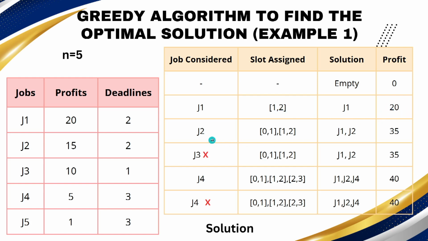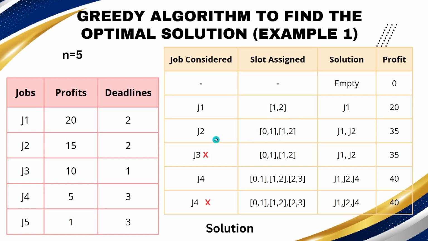Next I am picking up job 2. Job 2's profit is 15 and its deadline is also 2, which means that job 2 should also be completed before 2 o'clock. But we have only one machine and that machine is occupied from 1 o'clock to 2 o'clock, but it is free between 0 and 1, the first time period.